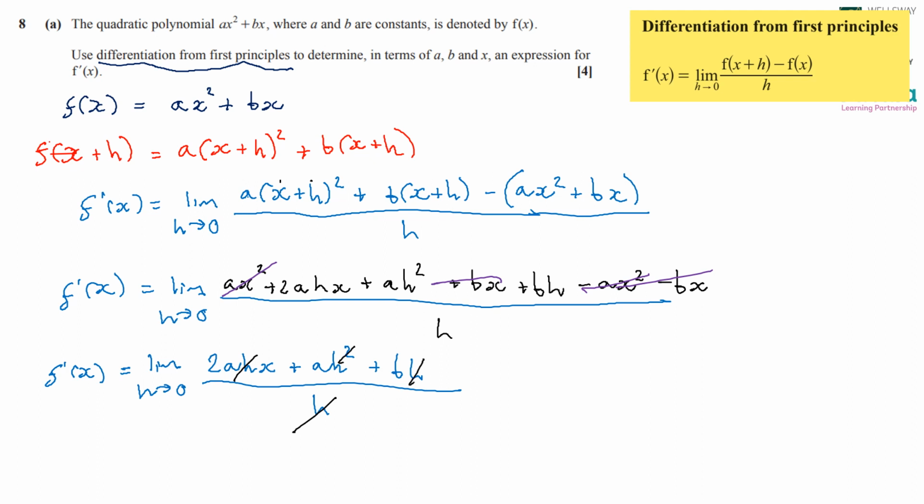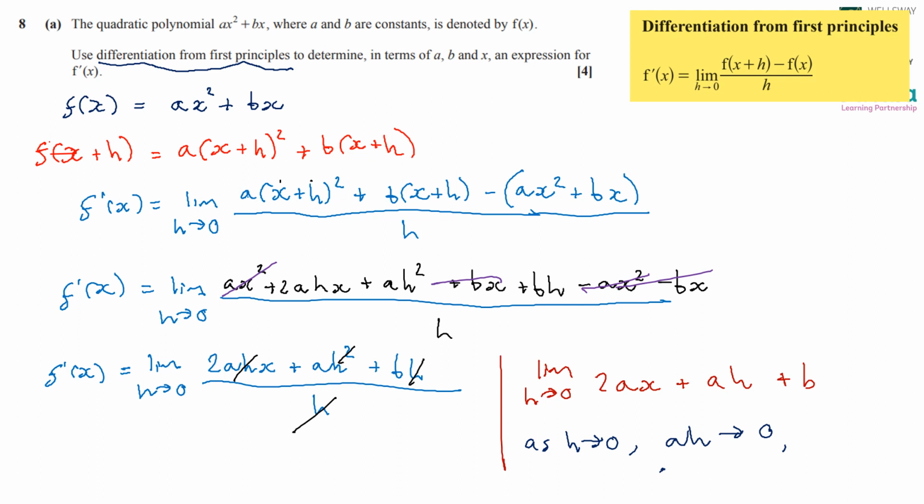The final thing we want to do is write out explicitly that our limit as h goes to 0 is now 2ax plus ah plus b. And so finally, as h gets really, really close to 0, ah will go to 0 as well.